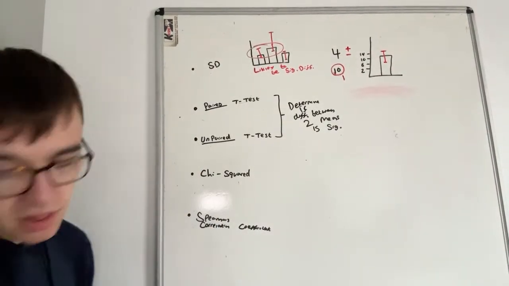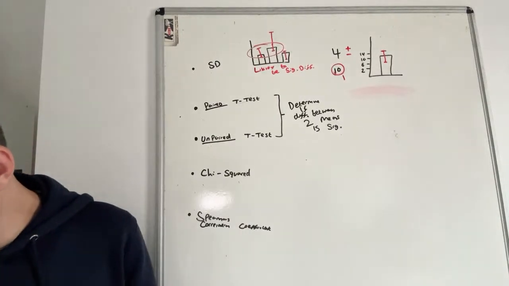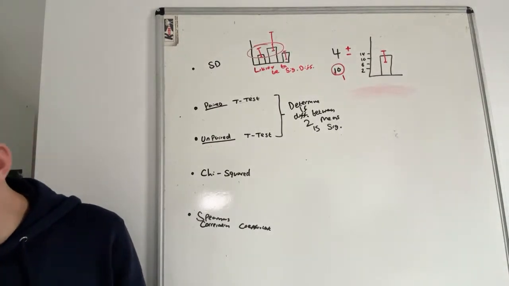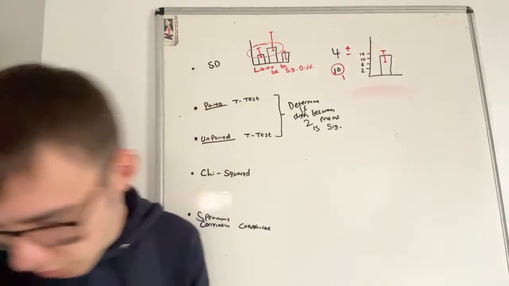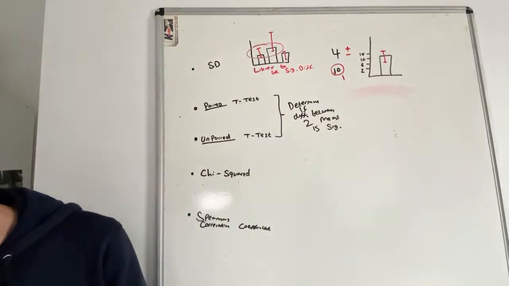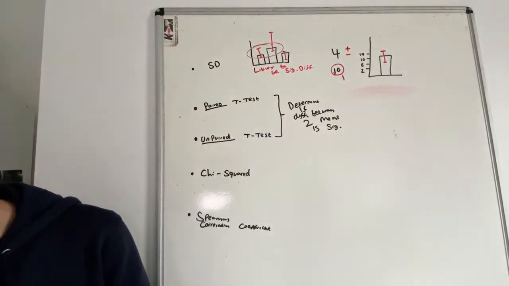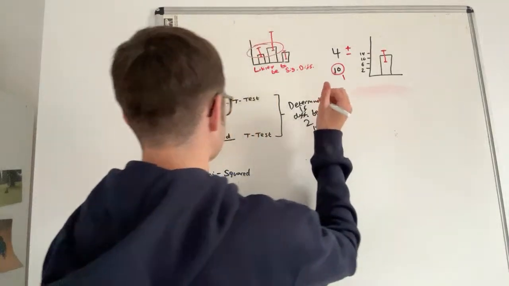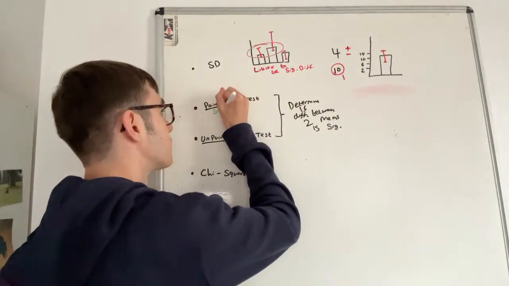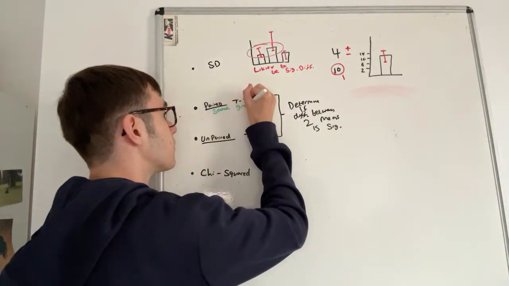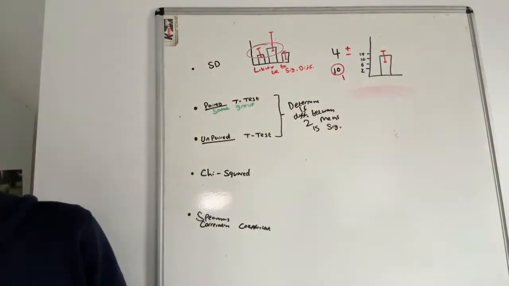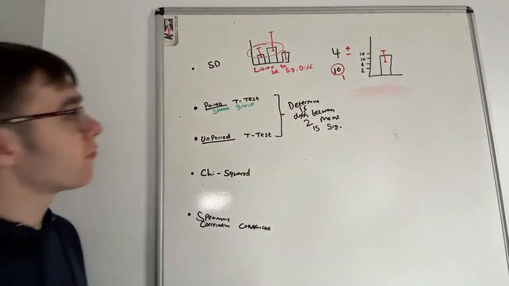Now back onto the t-tests. Okay, I'll write some examples. Paired t-tests are if it's the same group, the same group does both conditions.